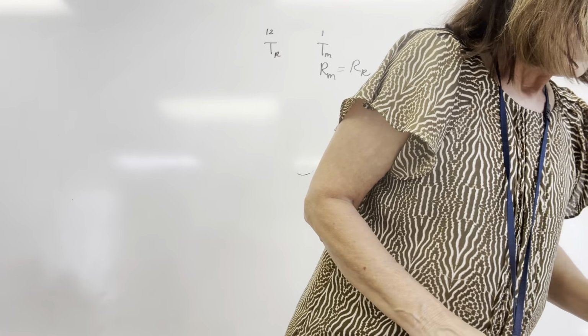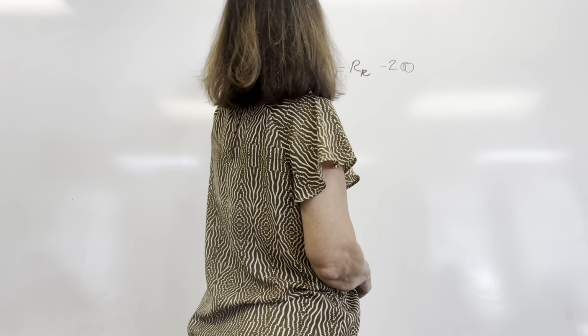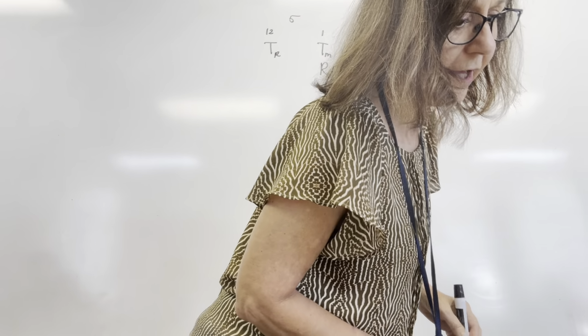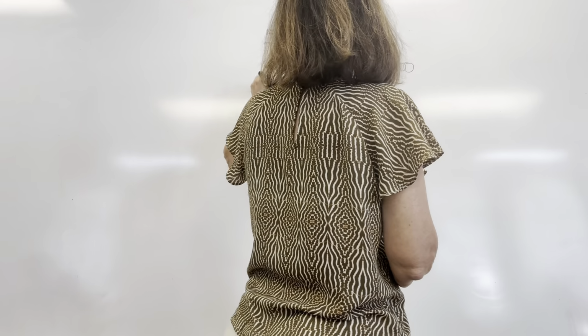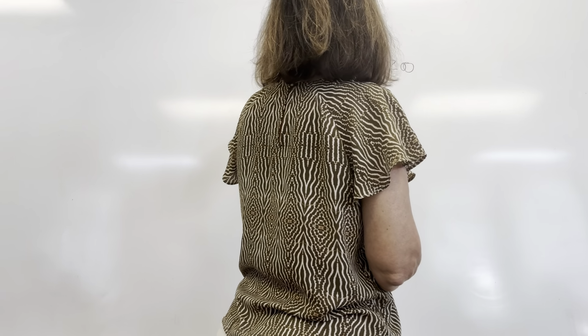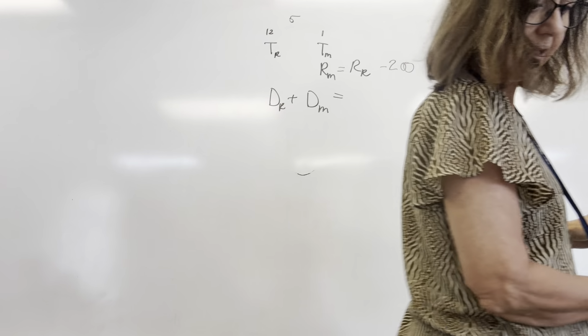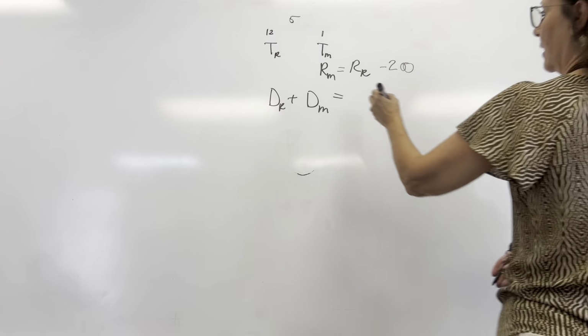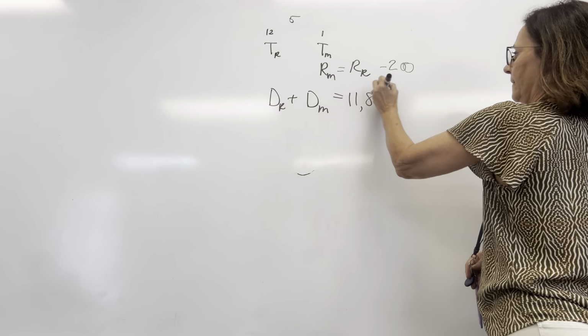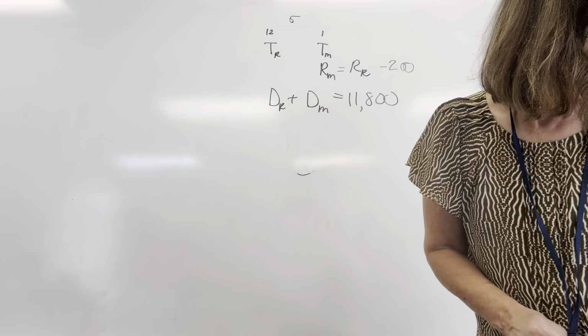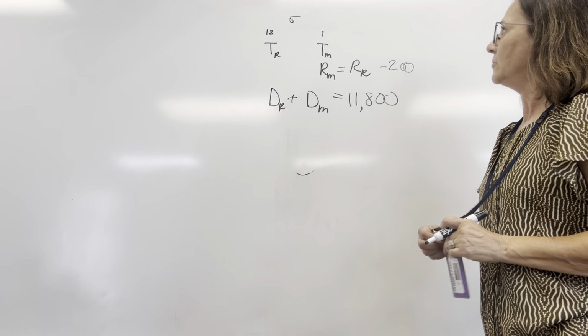If at 5 p.m., so now we're at 5, they are how far apart? 11,800. So the distance that Rocket Man has traveled plus the distance Moonfa has traveled is 11,800 kilometers. How fast did each one of them travel?